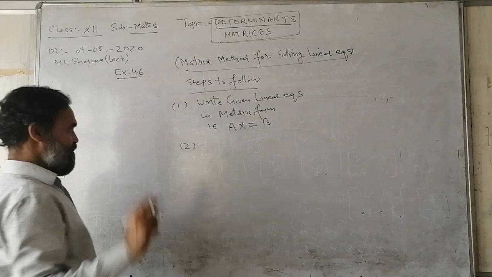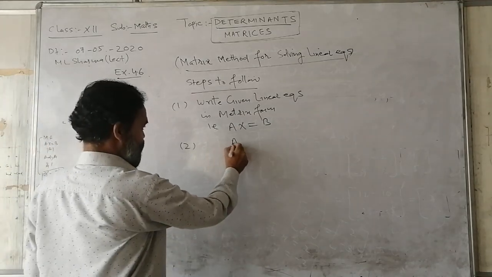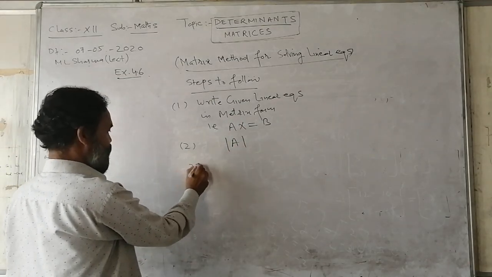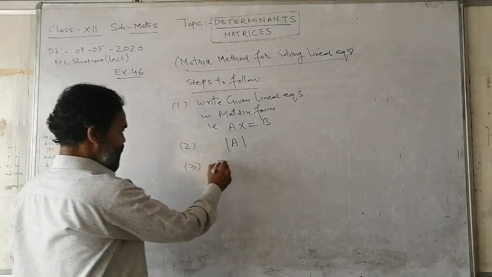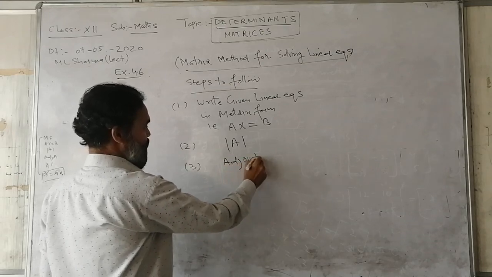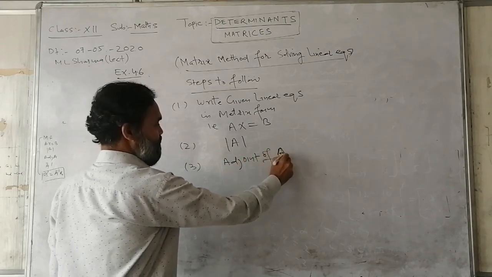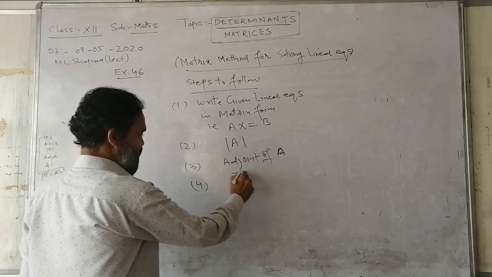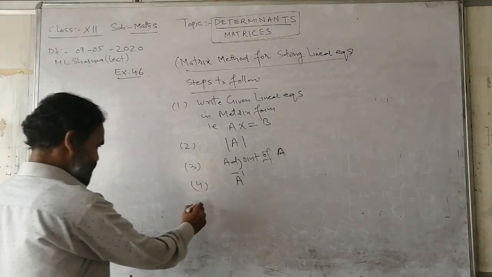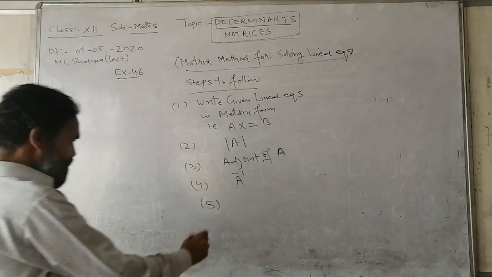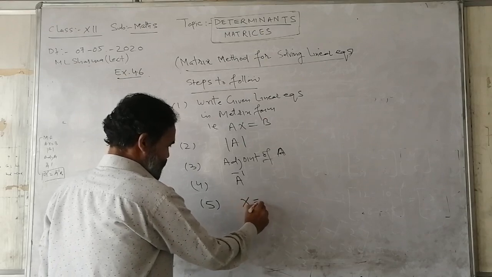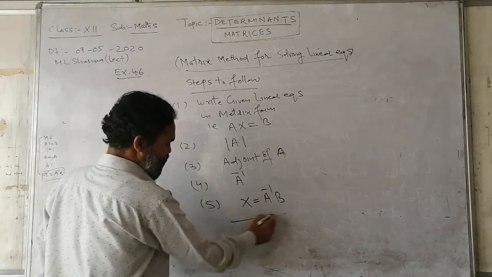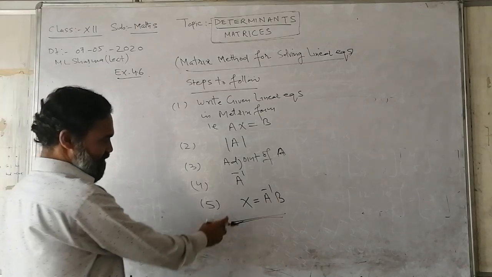Then in the second step we find determinant A. After finding this value, the third step is to find the adjoint of matrix A. After finding the adjoint, the fourth step is to find inverse A. The last and fifth step is to use this formula, and by using this formula the values of x and y can be found.